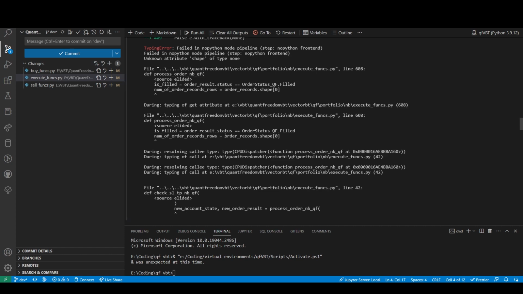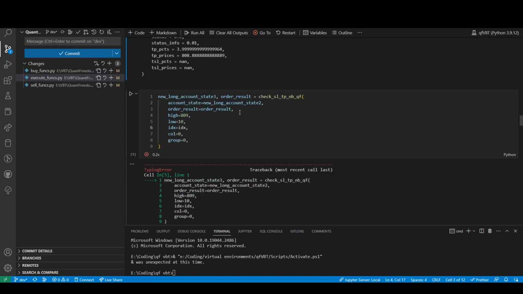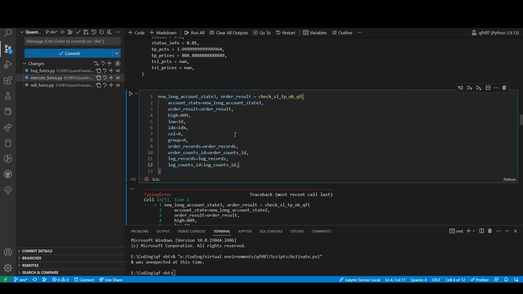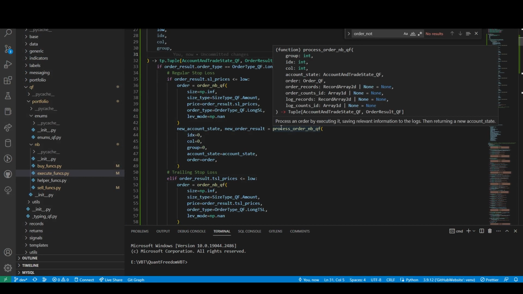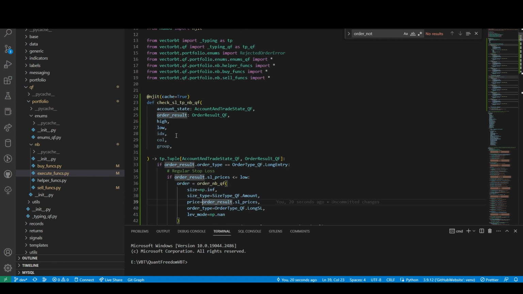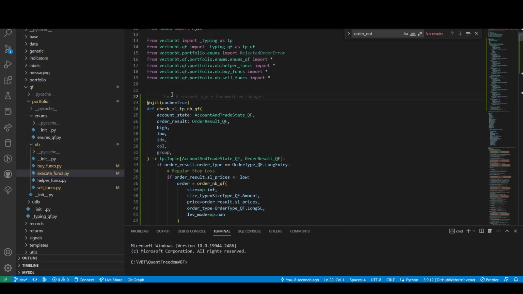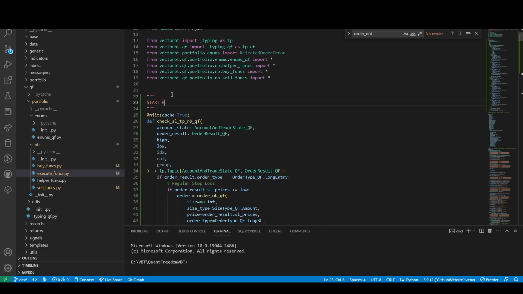Oh, fuck this. Let's send everything. I honestly think that maybe instead of doing process order, no, I have to do this. So that way I could process the records. So that means when I'm checking, I have to send all this information. Oh boy. We'll just start here.